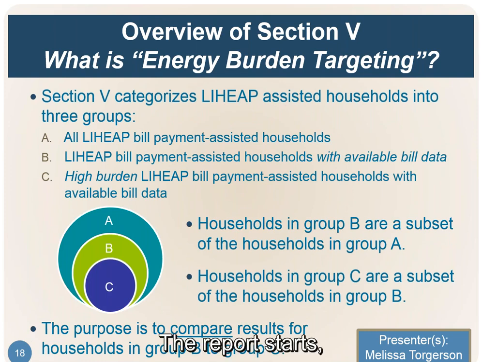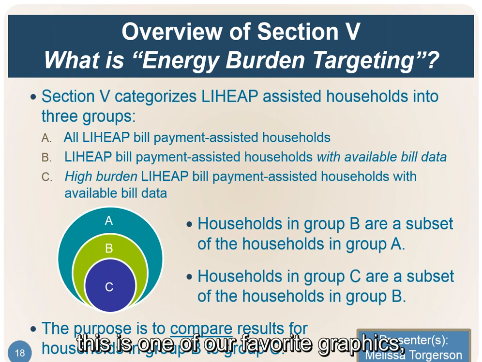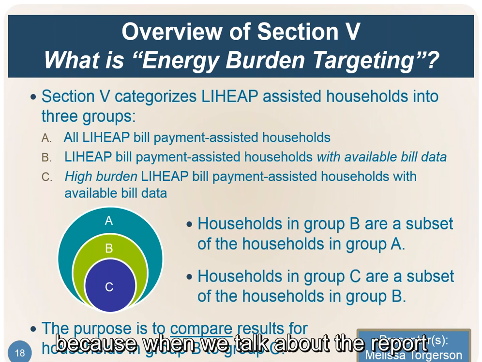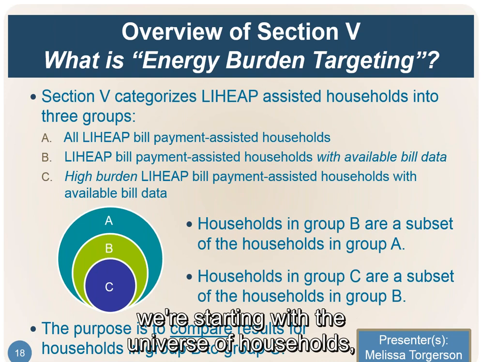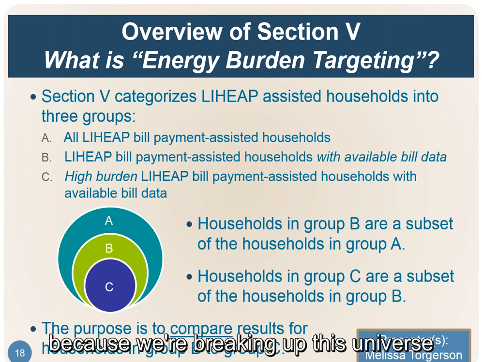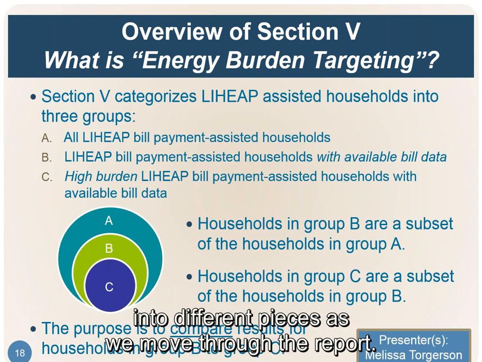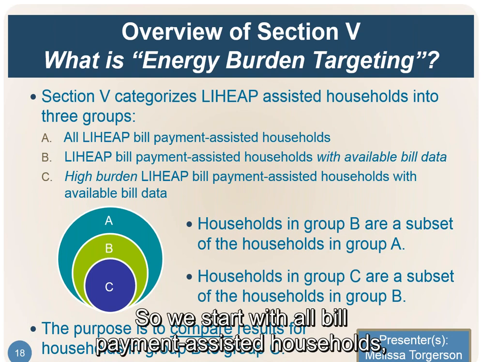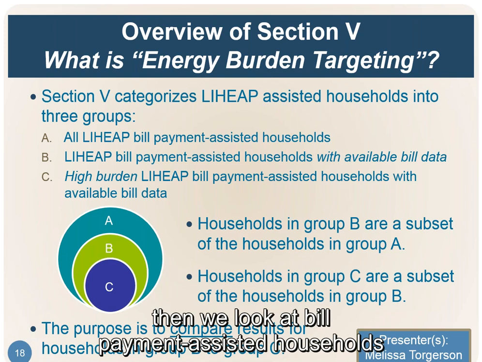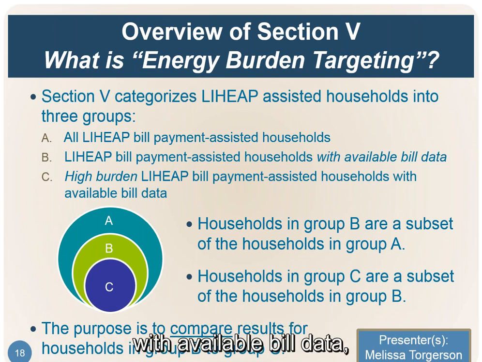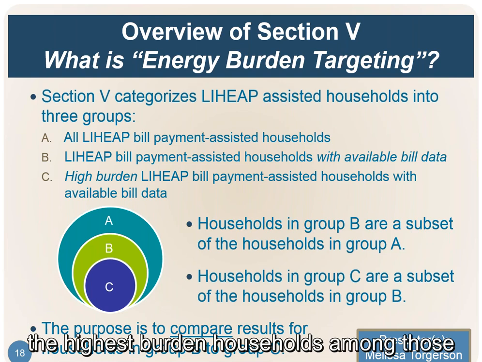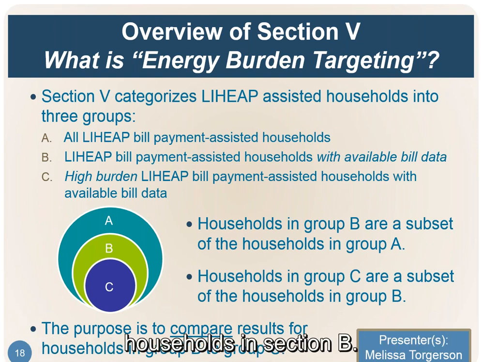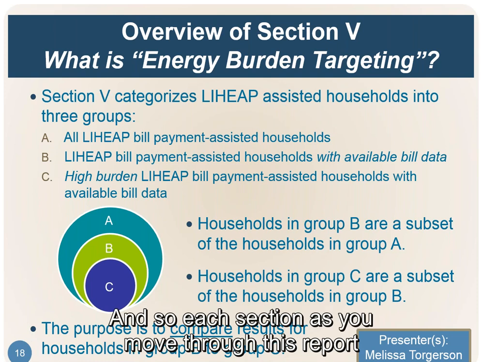The report starts, this is one of our favorite graphics, because when we talk about the report, we're starting with a universe of households, and that's what Section A is, because we're breaking up this universe into different pieces as we move through the report. So we start with all bill payment assisted households, then we look at bill payment assisted households with available bill data, and then from there we look at the highest burden households among those households in Section B. Each section, as you move through this report, is a subset.